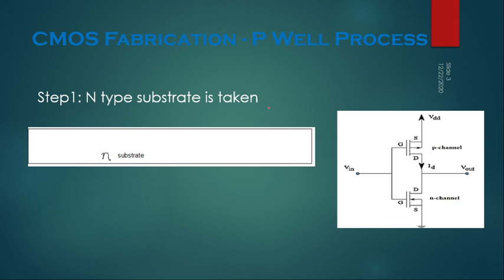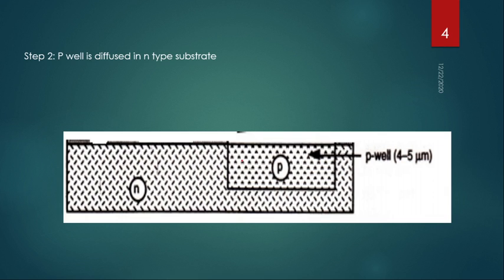Today in this video I am going to discuss the P-well process. If you understand the P-well process, you will be able to implement the N-well process also. For the P-well process, as I told you, the nature of the well and the substrate should be opposite. That means you should start with a substrate that is N type, and into the N-type substrate a P-well is doped.